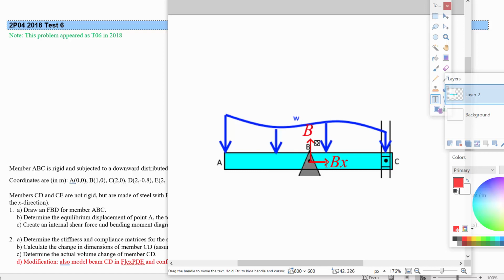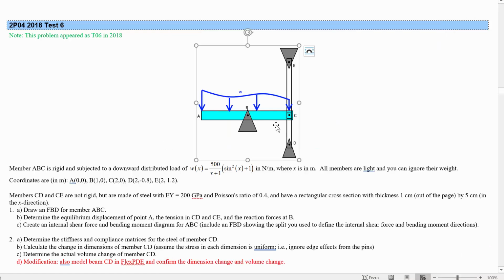Okay, so we've got BY there, and then over here, this pin is attached to these two elements, which are two force members, right? So this thing, EC, because it has no other forces acting on it, is not a generic frame, but a specific two-force member that therefore can only be in pure tension or compression.